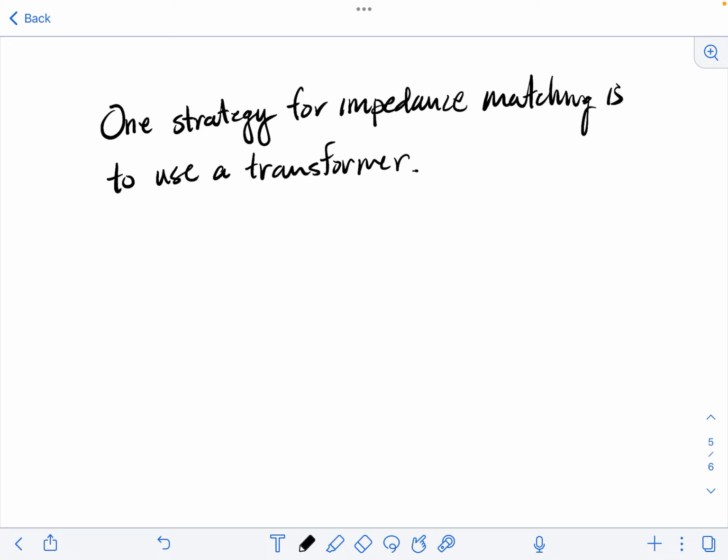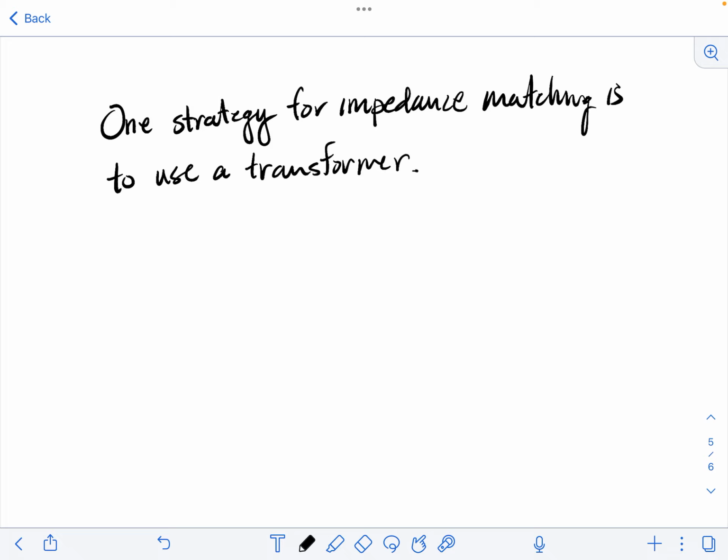And so if you run a current through the primary, it induces a magnetic flux in the coil, and that magnetic flux is coupled to the secondary coil. And if it has a different number of windings, that changing magnetic flux, if it's an AC signal, will induce an EMF in the secondary. And if you adjust the ratio of the turns, you can make that induced EMF larger or smaller.